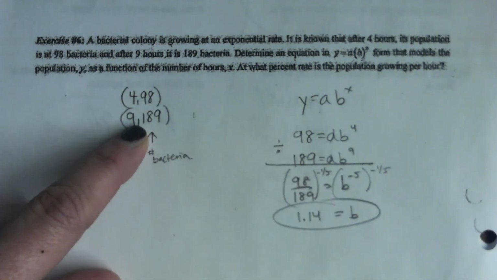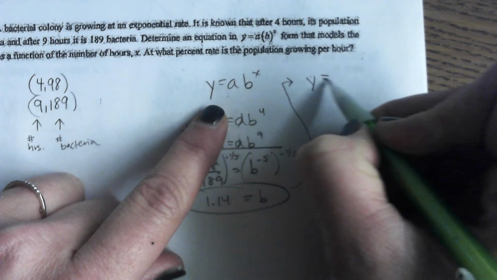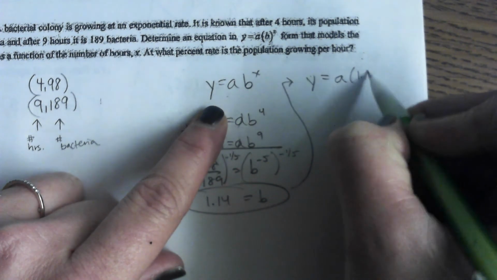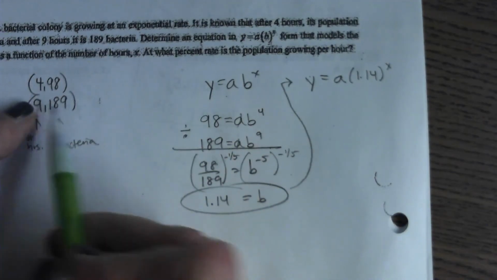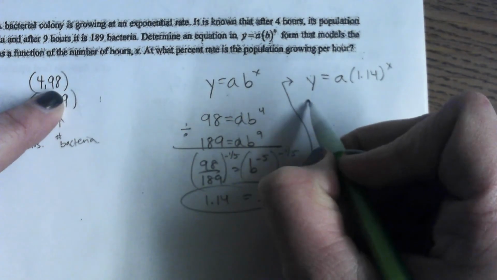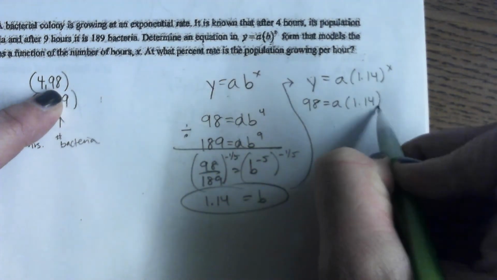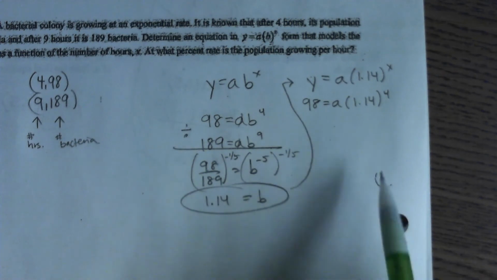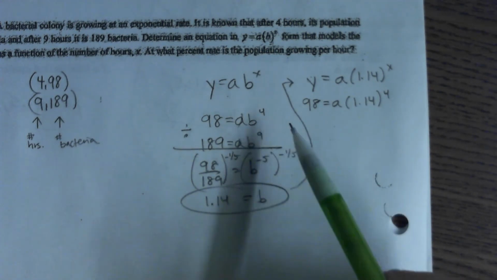So there's your b. That kind of brings us back up to square one, except now I have 1.14. Now, you could plug in 4, 98 or 9, 189. It does not really matter. I'm just going to stick with the smaller numbers. And then here's where some people went wrong. Listen.